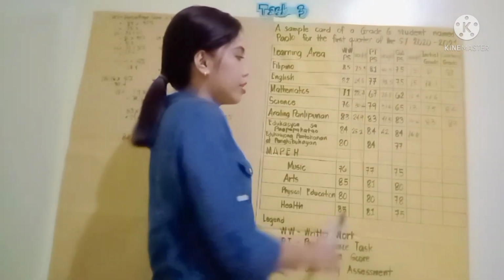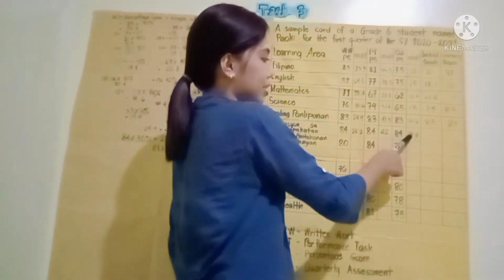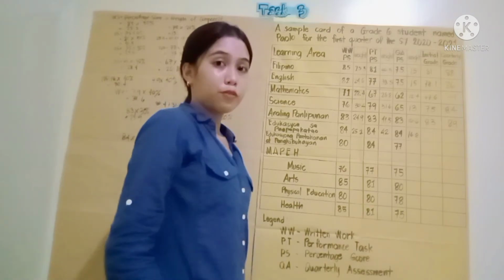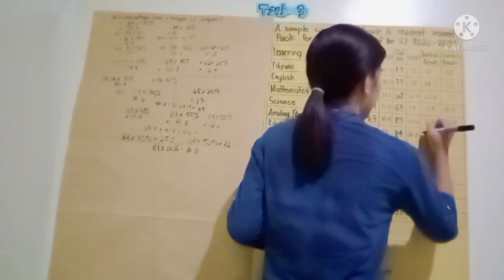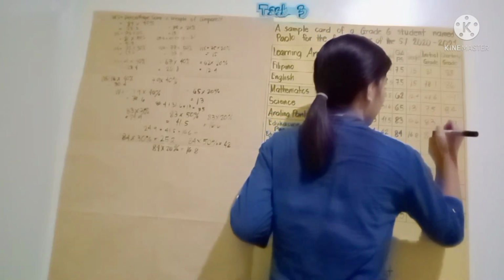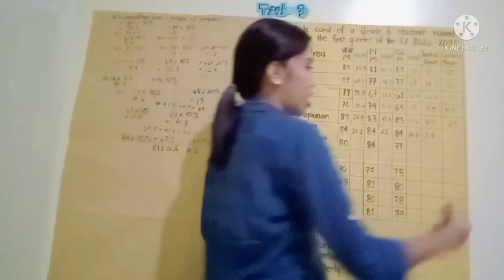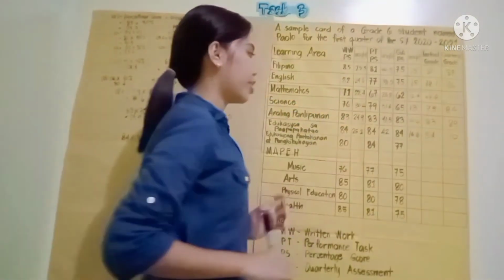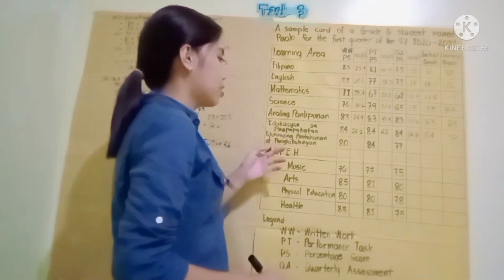When we add 25.2 plus 42 plus 16.8, it is equal to 84. So 84 is the initial grade of Paulo in Edukasyon sa Pagpapakatao. When we transmute 84, it will become 90. So 90 is the quarterly grade of Paulo in Edukasyon sa Pagpapakatao.